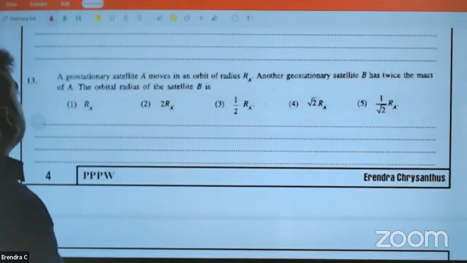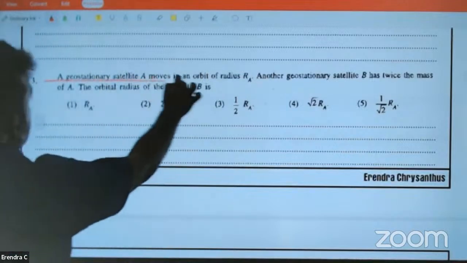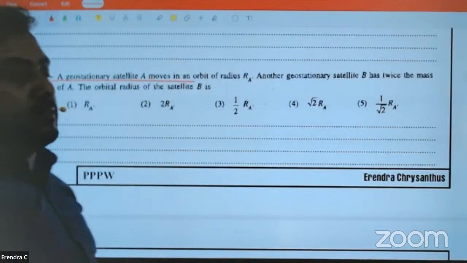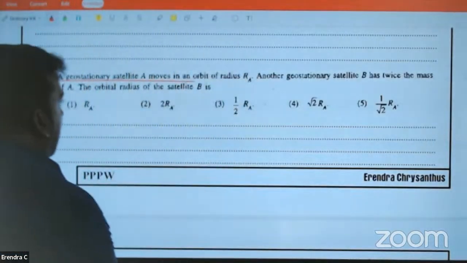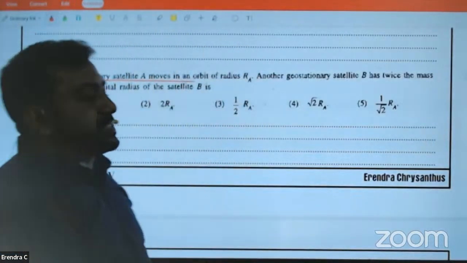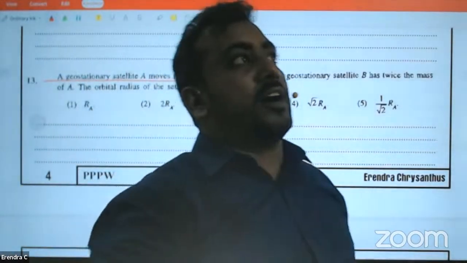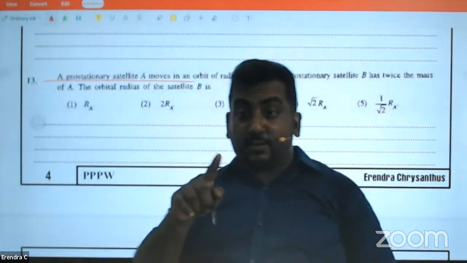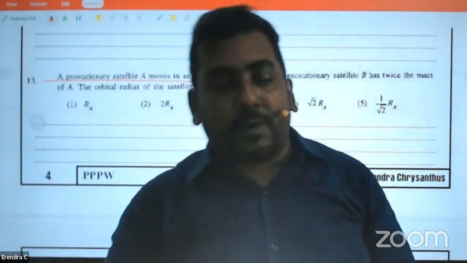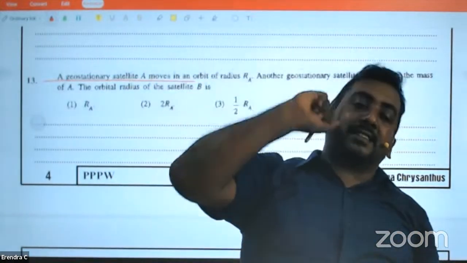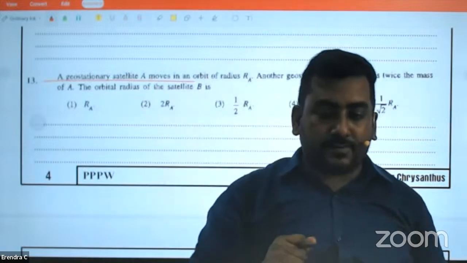A geostationary satellite. By now you are done with gravitational fields, no? What is a geostationary satellite? With respect to Earth, the satellite is at rest. That's the way you must write in your exam. With respect to a particular position, if a satellite is at rest, we say geostationary.